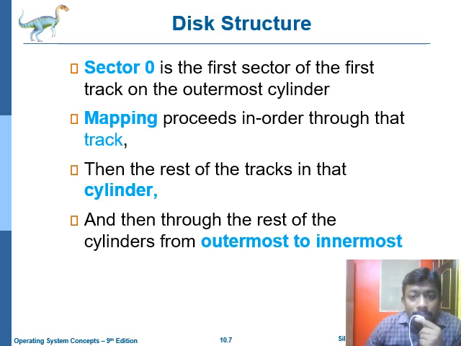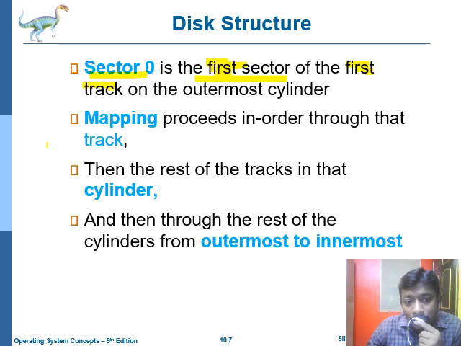So coming to the disk structure, as I said earlier, sector 0 is a very important factor. It is actually the first sector of the first track on the outermost cylinder. So when I am going to write or read data on a particular sector, the mapping proceeds in order through that track.